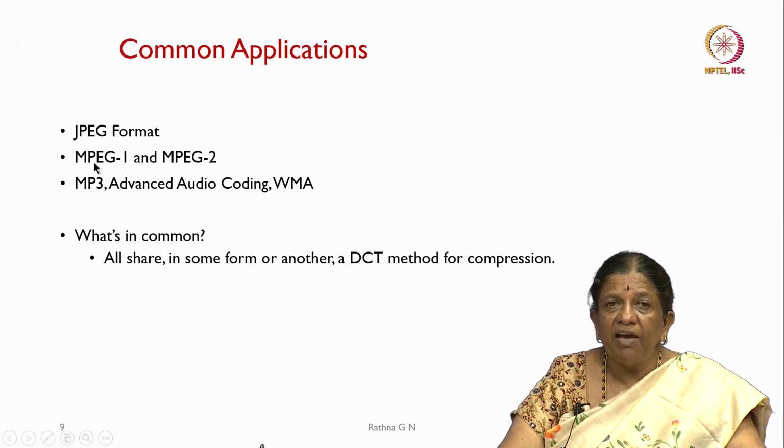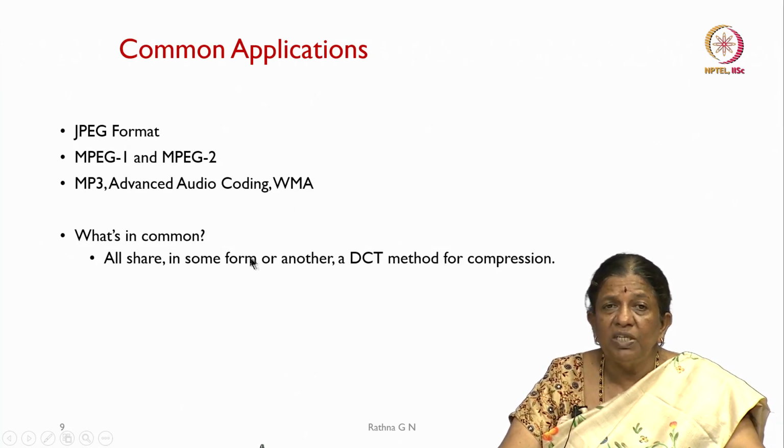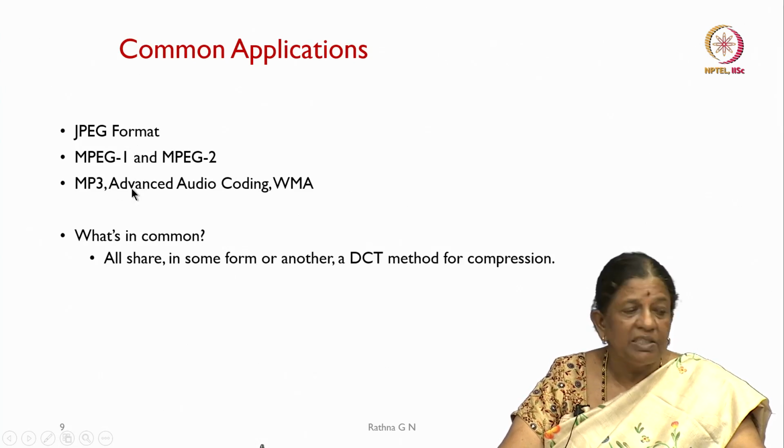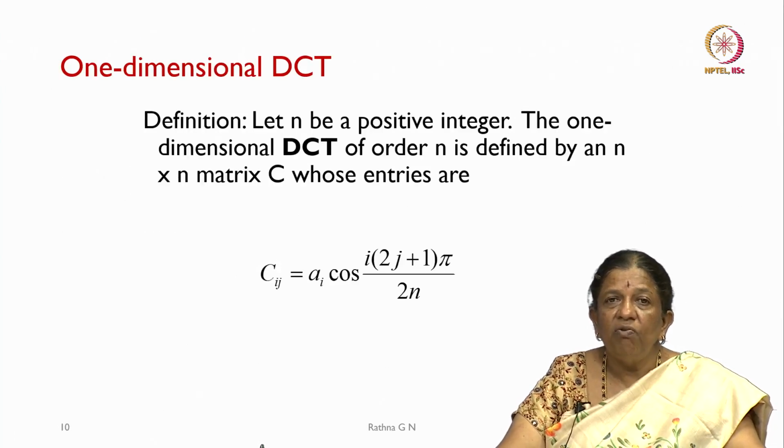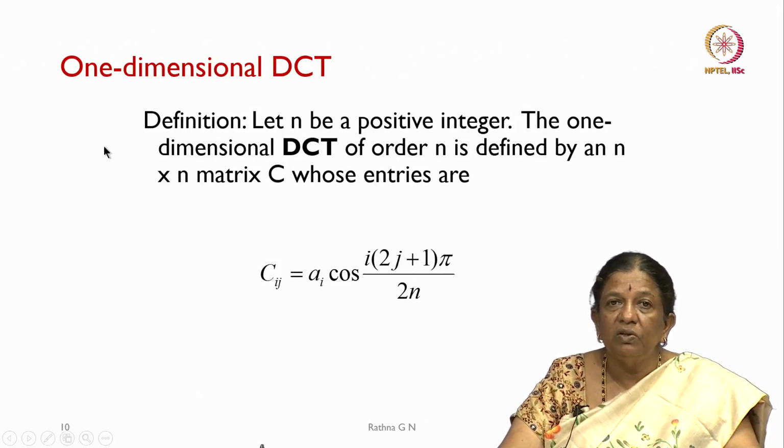MPEG is the Moving Picture Experts Group, 1 and then 2, and then MP3 is the audio format, and even in advanced audio coding and in WMA, most of them use our DCT method for compression. That is what is common in all these applications, the DCT coming into the picture. Now we will see a little bit on the one dimensional DCT, how it looks.